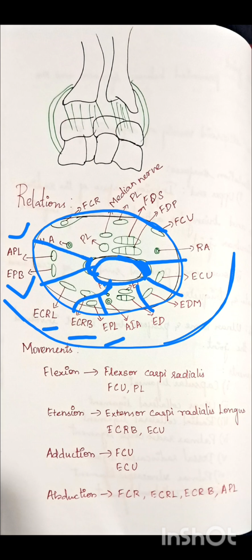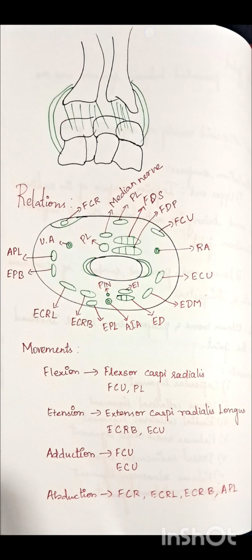In the fourth compartment, anterior interosseous artery, posterior interosseous nerve, extensor digitorum and extensor indicis. Coming to the fifth compartment, extensor digiti minimi, and in the sixth compartment, extensor carpi ulnaris. So these are the posterior and lateral relations of the wrist joint.